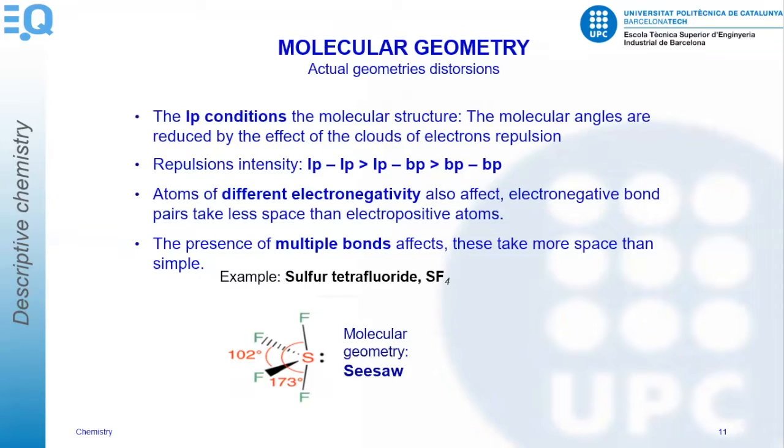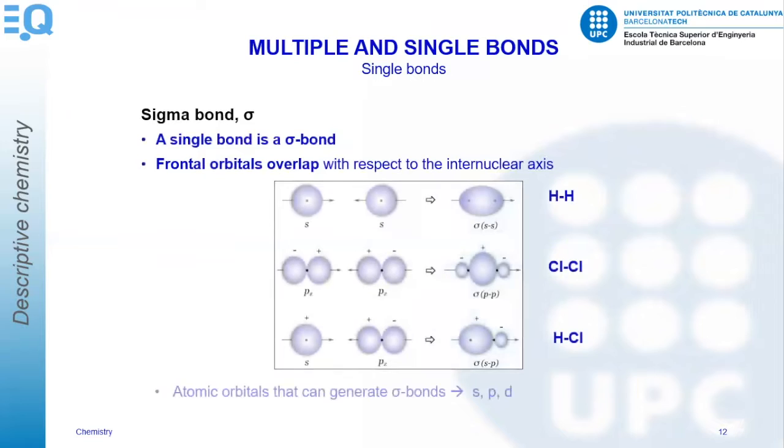Now, let's move to multiple and single covalent bonds. First, we are going to talk about single bonds, which are in fact sigma bonds. This type of bond is the strongest among the covalent ones, and it is the first to form between two atoms.